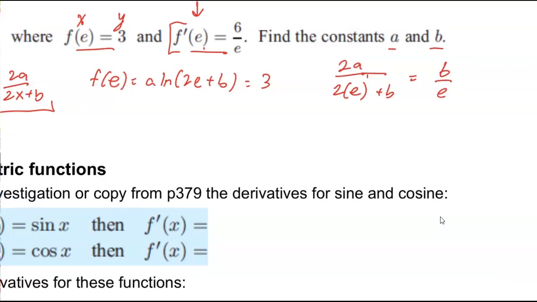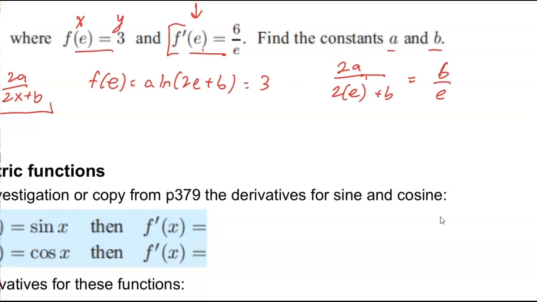So the first thing I'm going to do is try to solve for either a or b. This is a 6, it's not b. It looks like it's pretty easy to solve for this a because it's all by itself pretty much already. So what if I did that? I'm going to say a is equal to 3 over natural log of 2e plus b. Then I'm going to put this into this a and see if that helps me.